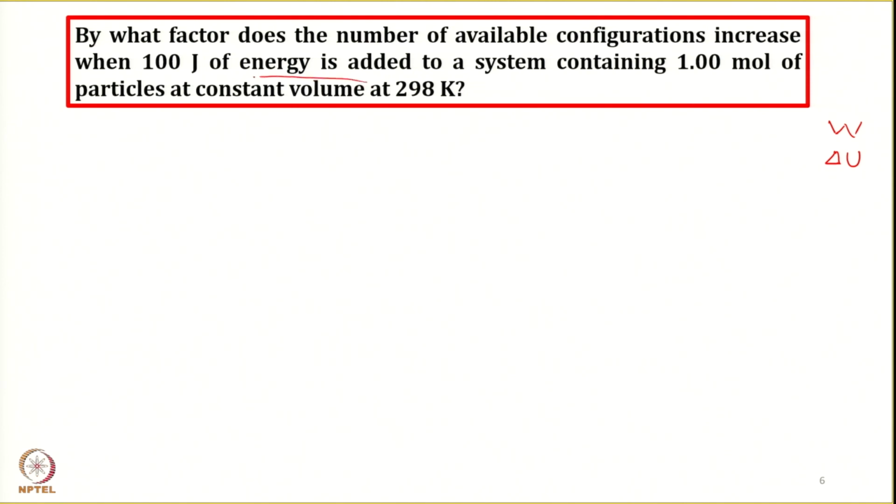Remember, constant volume conditions. I can write here also, constant volume. Maybe this will help me in solving the question easily. So now we need to develop an equation at constant volume which will allow a connection between W and delta U.